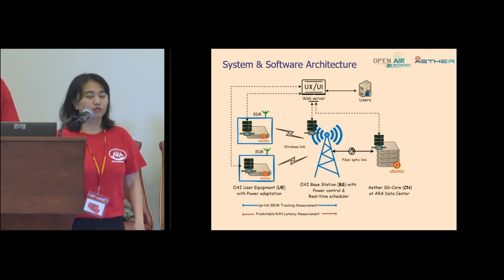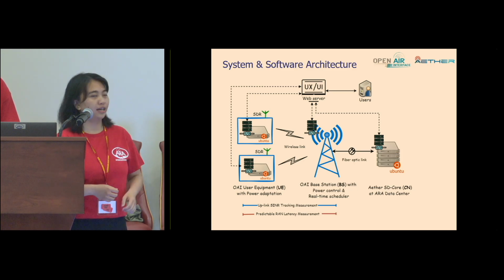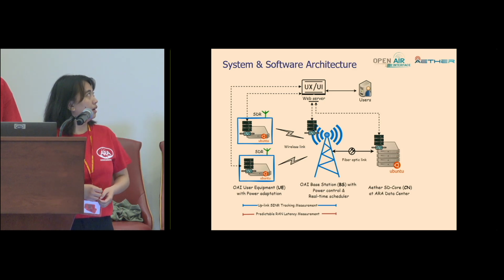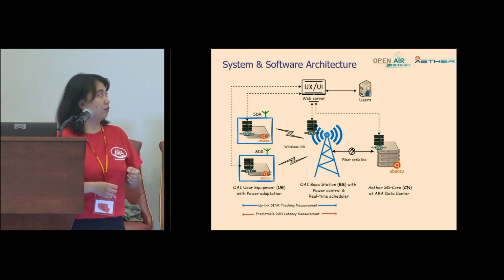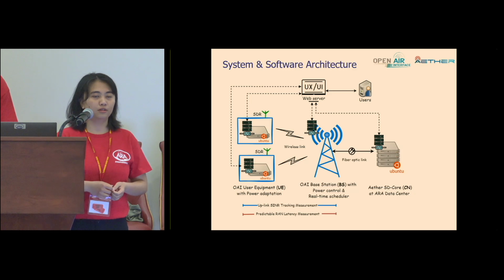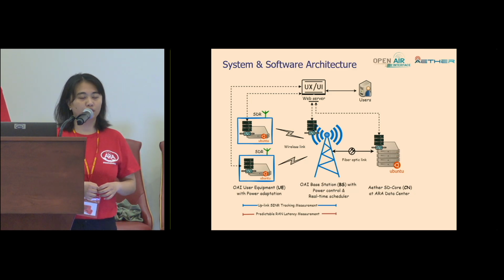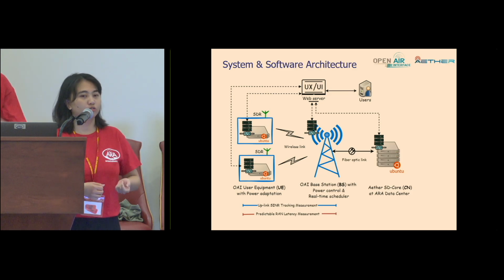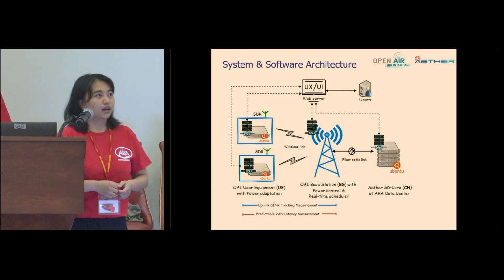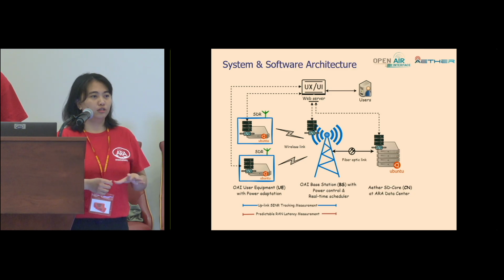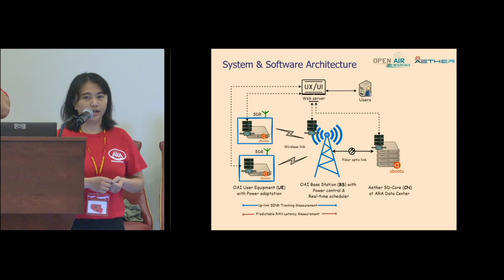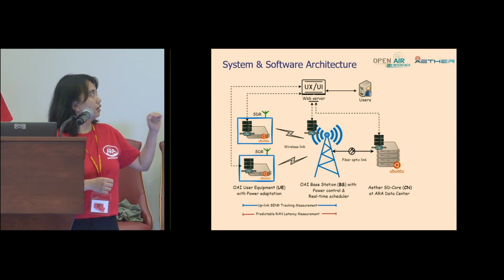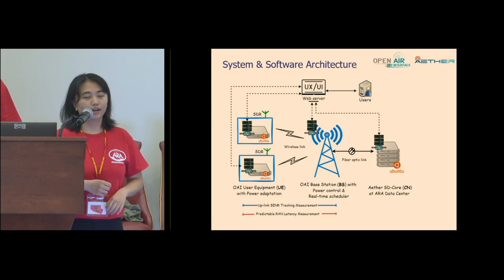The user has an interactive UI, and for sending the commands, we have installed multiple backend servers at each compute node, the UE, base station, and also core network. The backend server will activate every command we send from the UI.